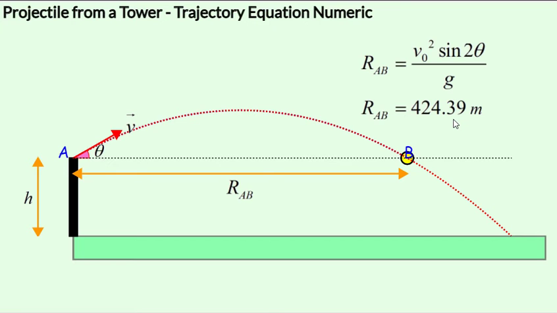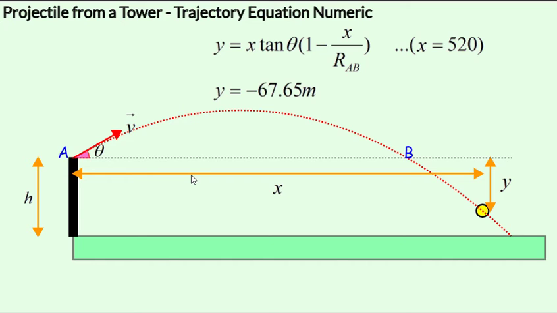So let's do that next. In the second form of the equation, we substitute 520 for x, 30 degrees for theta, 424.39 for the range RAB. Remember, it refers to the distance AB.